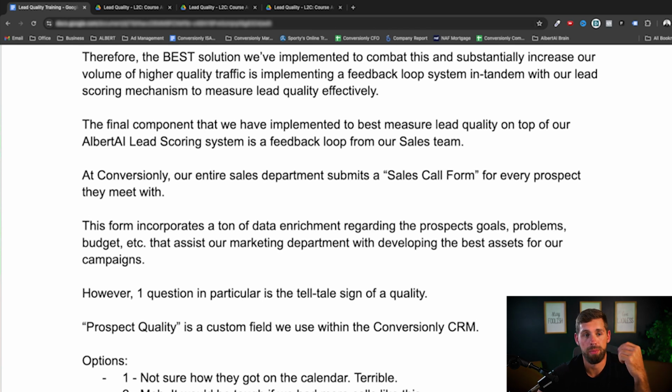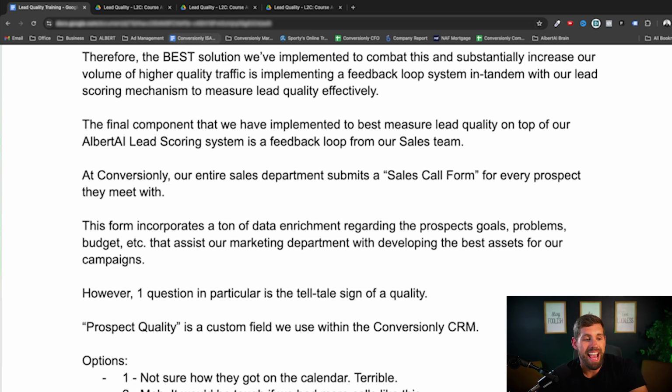That sales call form is essentially a form of information with respect to the prospect that sales member just met with and closes the gap on the remainder of the information that we need to know to enrich the profile for that prospect. What were their problems? What were their pains? What was their prospect quality score, among other things?